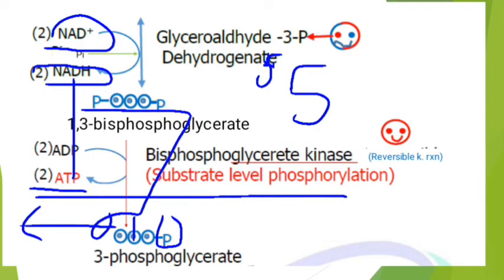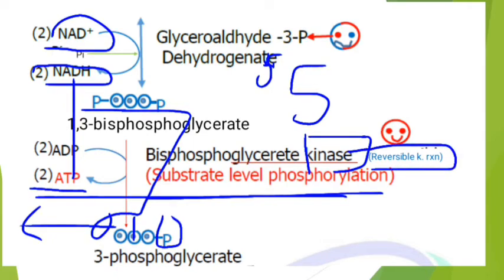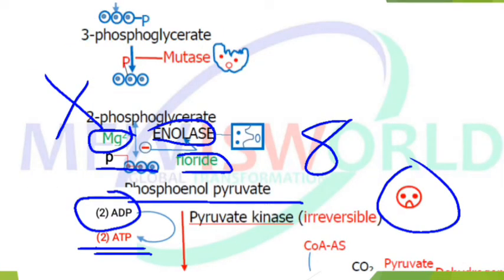Step 6 is reversible, catalyzed by a kinase enzyme, known as substrate level phosphorylation. Recall, all kinase reactions are irreversible in the glycolytic pathway except step 6. Step 9 is irreversible. It's a kinase reaction.